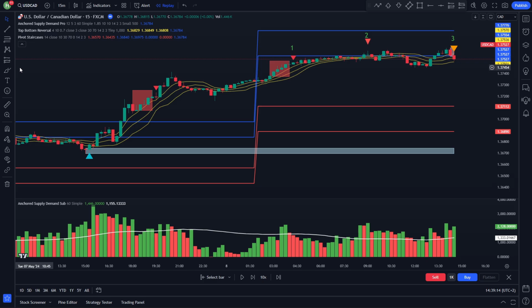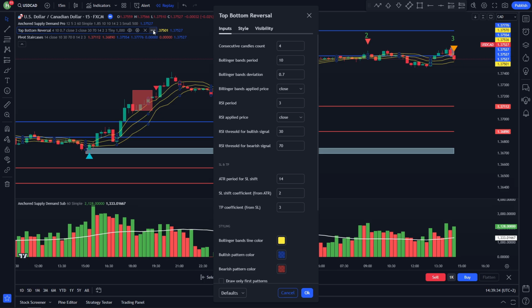Next, let's explore another trading example and look at what the indicators are doing as a part of this strategy. For this example, I've selected the US dollar against the Canadian dollar in the 15-minute time frame. Firstly, our top-bottom reversal indicator is based on a unique chart pattern that combines several extreme conditions to pinpoint tops and bottoms in the market.